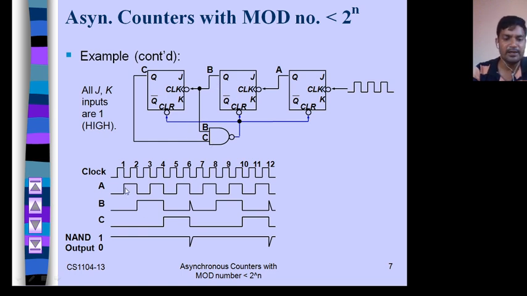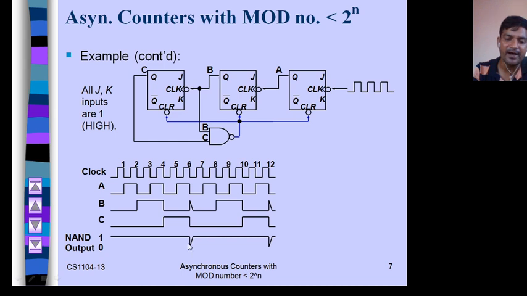So it is giving the pattern. Initially 0 0 0, then 0 0 1, then 0 1 0 which is 2, then 0 1 1 which is 3, then 1 0 0 which is 4, then 1 0 1 which is 5, and then for a small time it is giving 1 1 0. 1 1 0 means this output is now low.